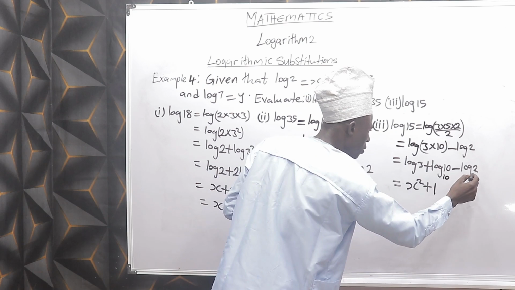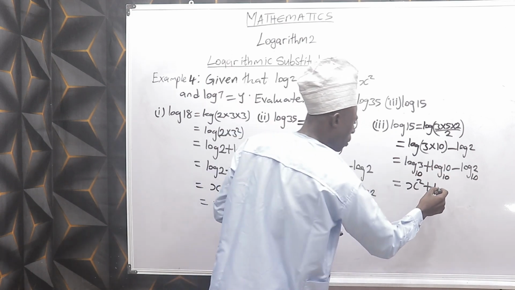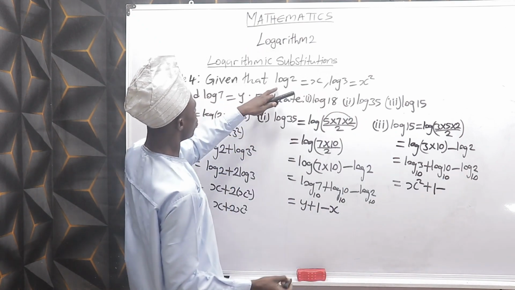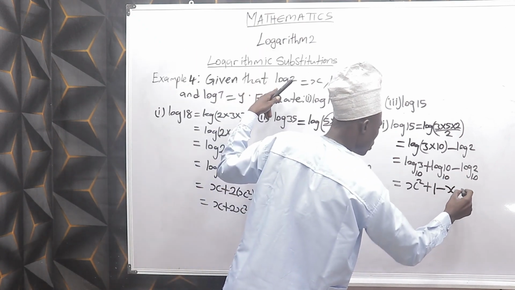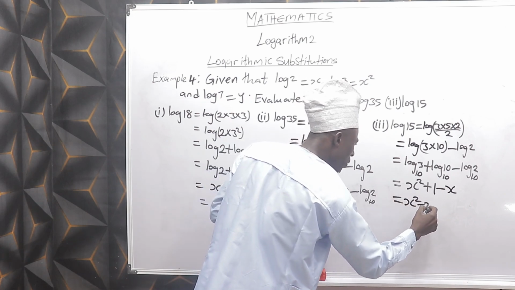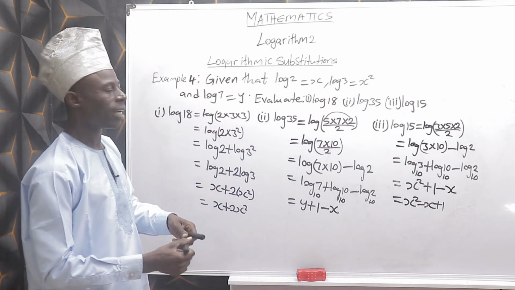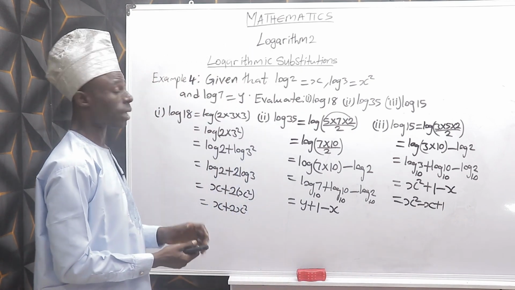Put it there so that you can be conscious of what you are doing. Log 10 base 10 is 1 minus log 2 is x. So you can rearrange as x squared minus x plus 1. And you may leave it the way it is. That is the end of the whole story.